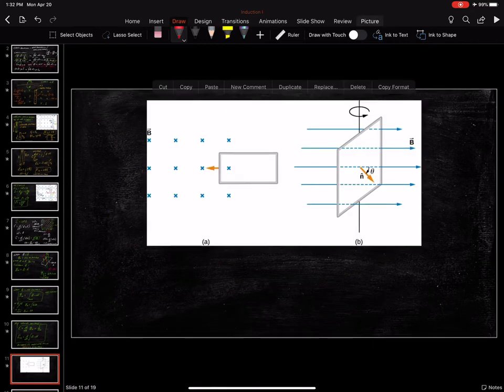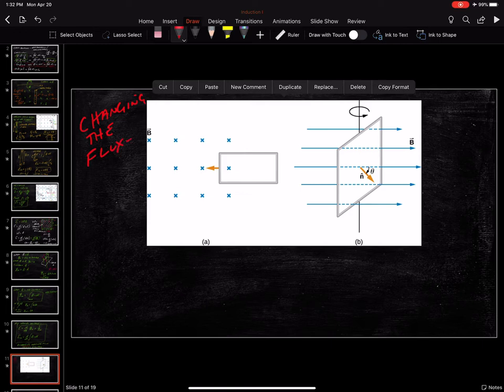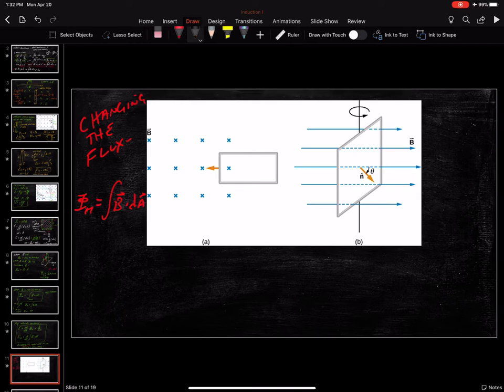So this is changing the flux, which, remember, the magnetic flux is integral B dot dA. Now there's a couple of ways. One, you change the area. That's what you're doing here in the first case, where you're moving this coil of wire into the presence of a magnetic field.